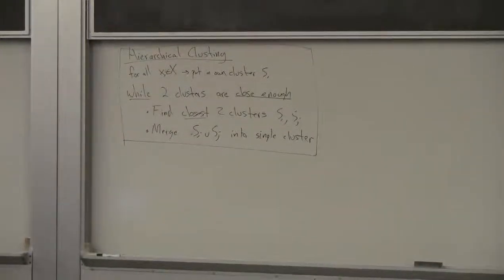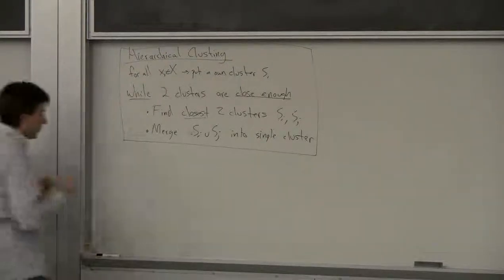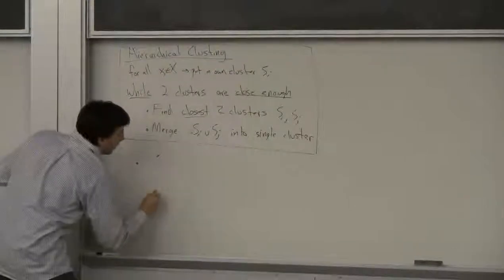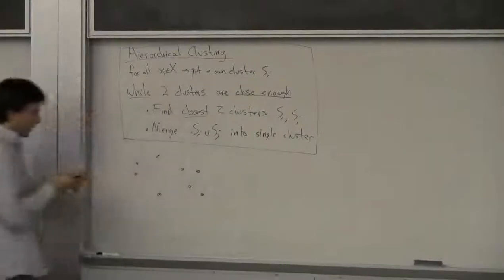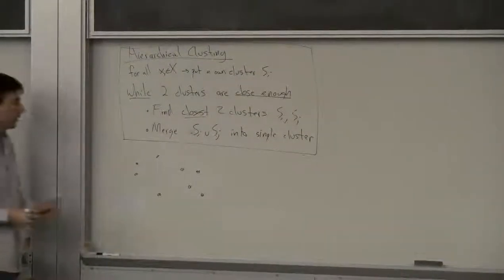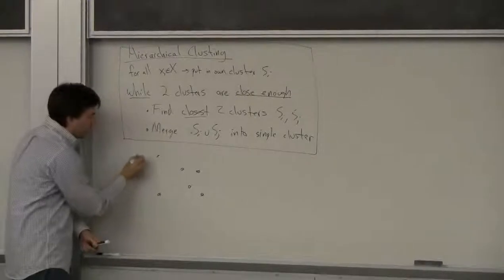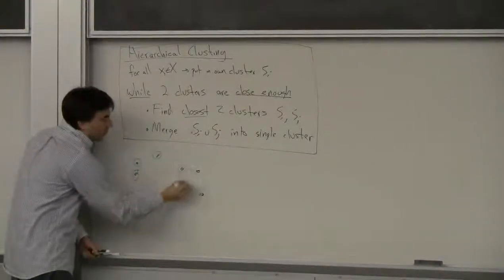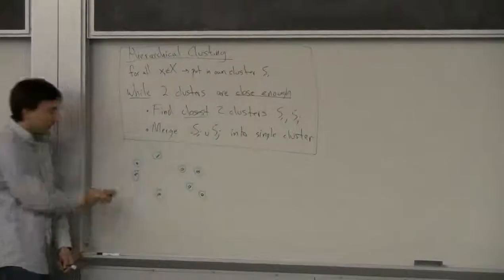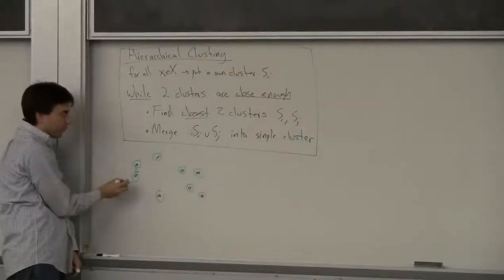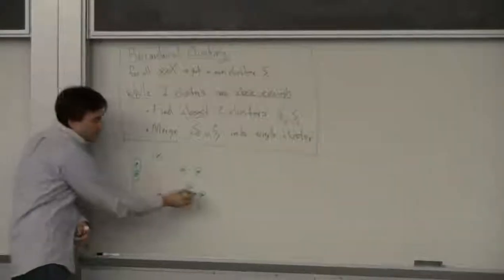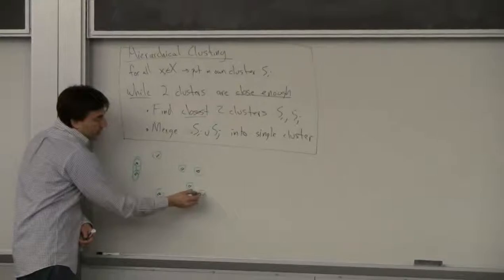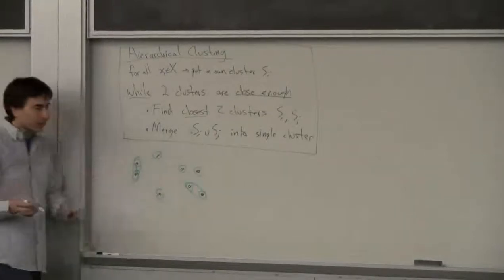What we do is you can draw a picture here. I find each of the points are their own cluster. I find the closest two points, maybe over here. These two are the closest. I make this into a single cluster. Maybe these two points are now the next closest to each other, so I make them into a single cluster.